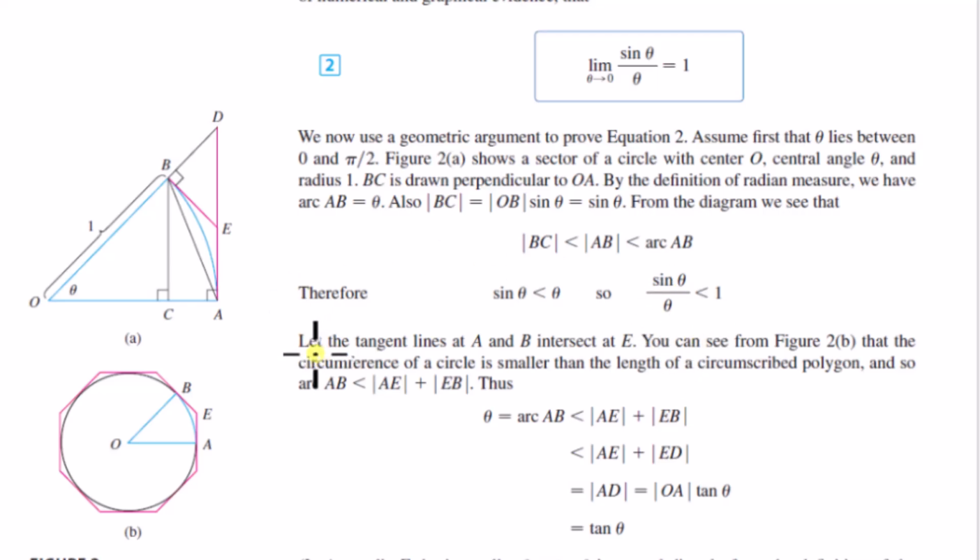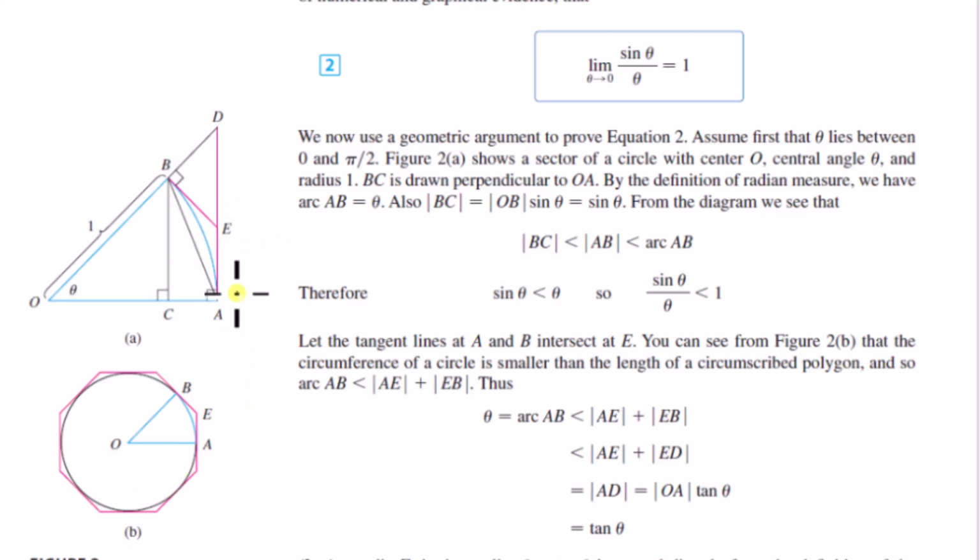Now it says, let the tangent lines at A and B intersect at E. So you have these tangent lines to the circle at points A and B intersecting at E. It says you can see from figure 2b that the circumference of a circle is smaller than the length of a circumscribed polygon.